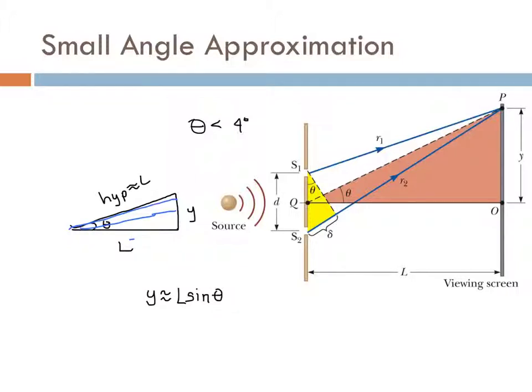Again, this only happens for small angles. And for the most part, that's going to happen when L is much, much greater than y, the position between these two bands.